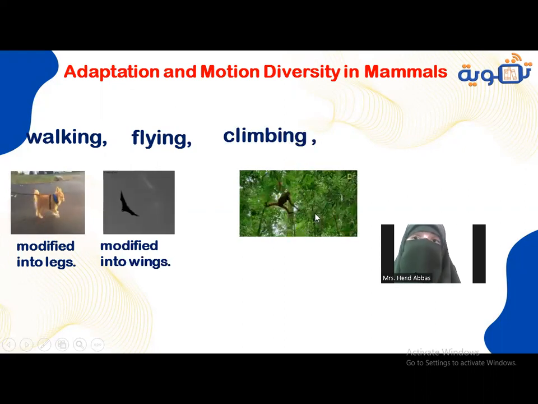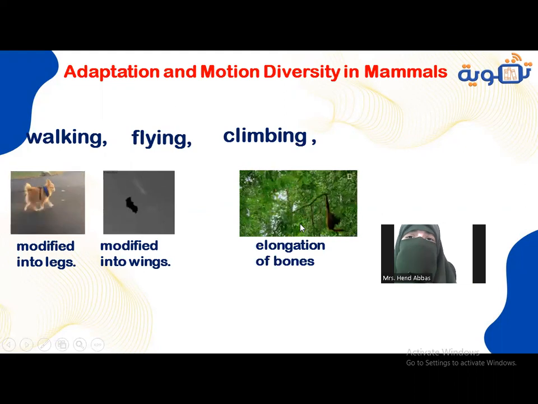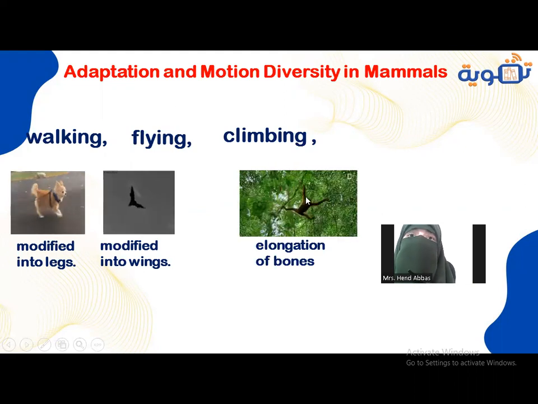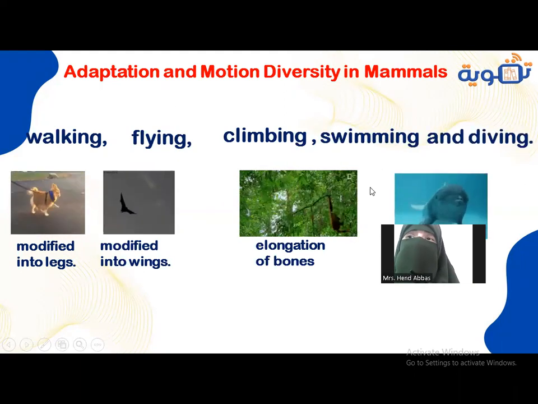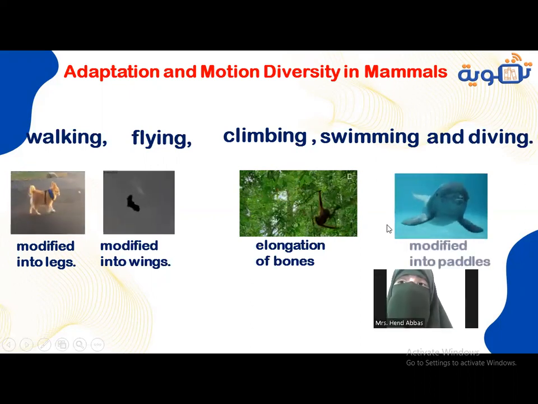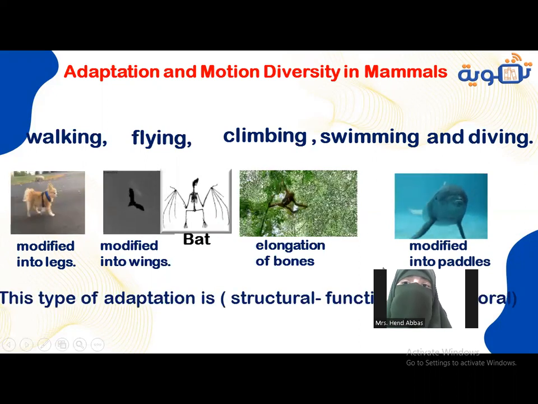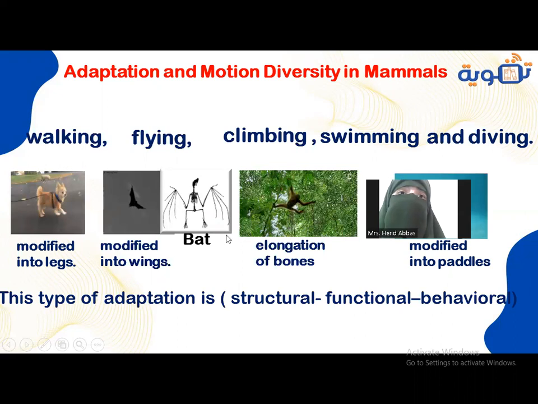For the gorilla and the monkeys, their front limbs are elongated. Why? To help them catch things and climb the trees. The front limbs of the whale and sea lions are modified into paddles. So all of the mammals have similar limbs, similar bones of limbs.